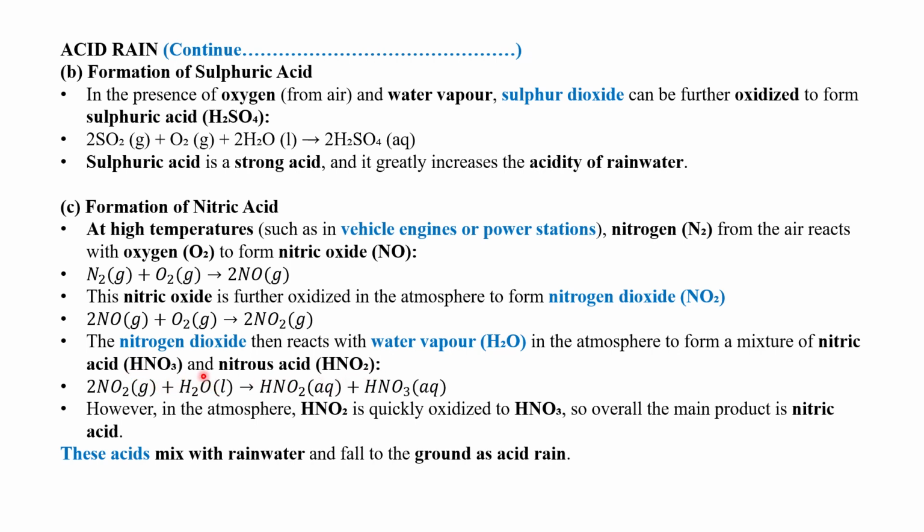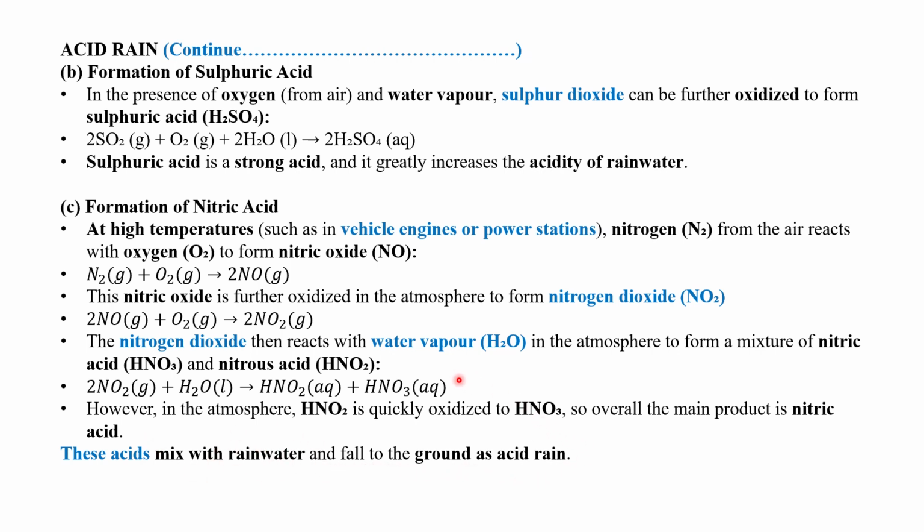So we can see these reactions, nitrogen dioxide with water, HNO2 and HNO3, both are aqueous solutions. In the atmosphere, HNO2 is quickly oxidized to HNO3, so overall the main product is only nitric acid. These acids, when formed in the atmosphere, mix with rainwater and fall to the ground as acid rain.